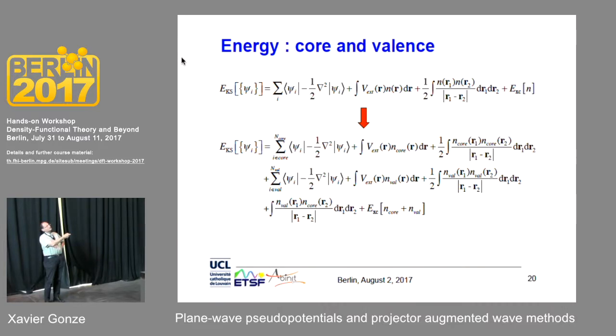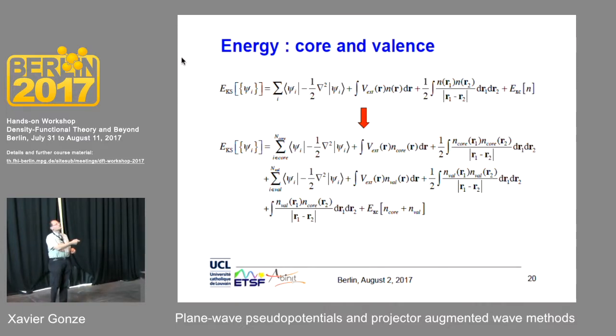This part, well, the density is split between the core and the valence. This one is quadratic in the density. We will have not only the core-core interaction and the valence-valence interaction, but also the cross product, the valence-core interaction. And then for the exchange correlation functional, things are a bit more delicate.